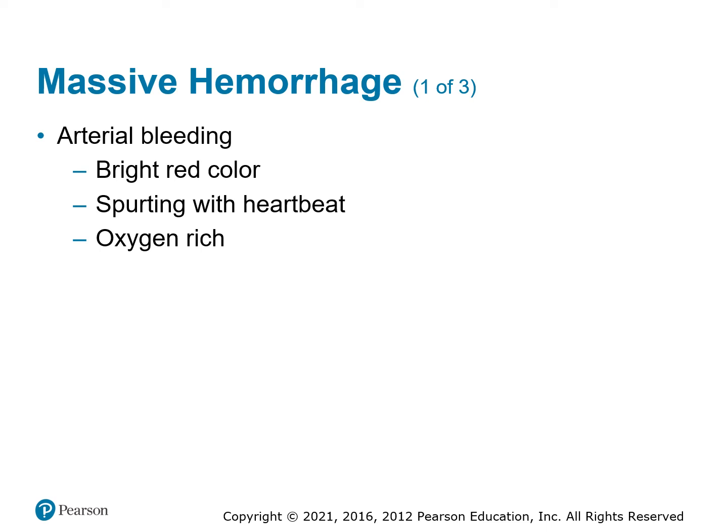If it's severe enough, this is where you'll start moving through the process of shock. Oxygen needs to be delivered someplace, and if they're bleeding it all out, it's not being delivered. So life-threatening, yes. Something that you have to address immediately, yes.